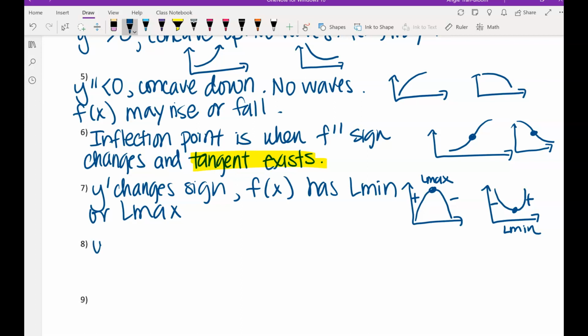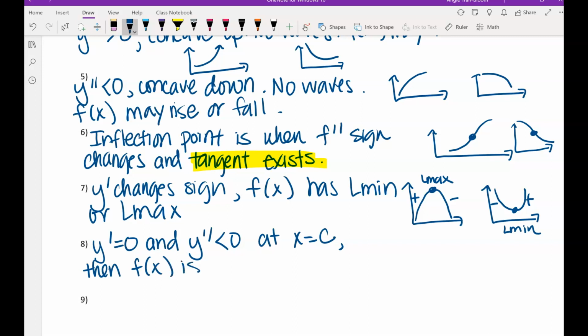8. If y prime equals 0 and f double prime is negative at x equals c, then f of x is a local max at c.